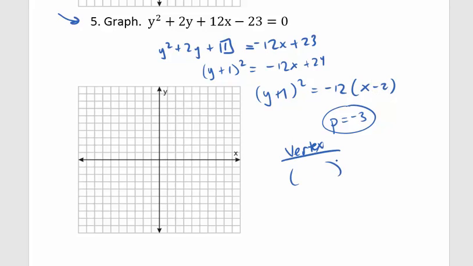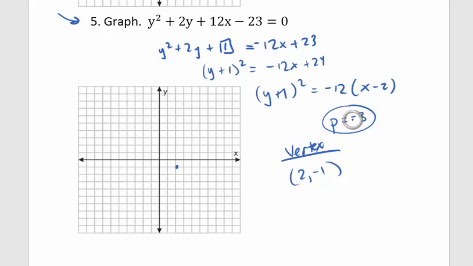So my vertex is going to have coordinates of positive 2 in the x, and negative 1 in the y. So let's come over here, ready to sketch this graph. Positive 2, negative 1, there's my vertex. Now I know this guy is opening left and right.